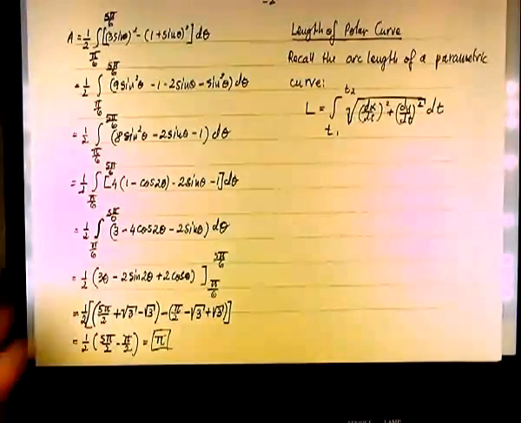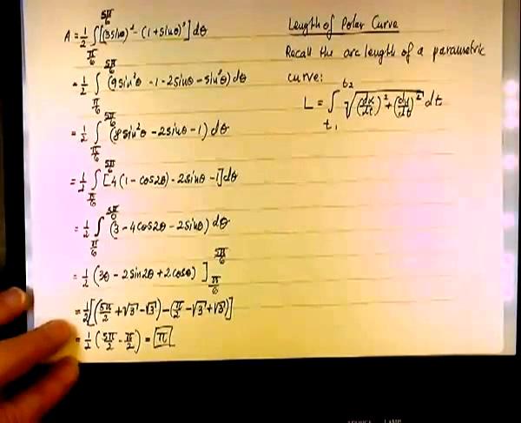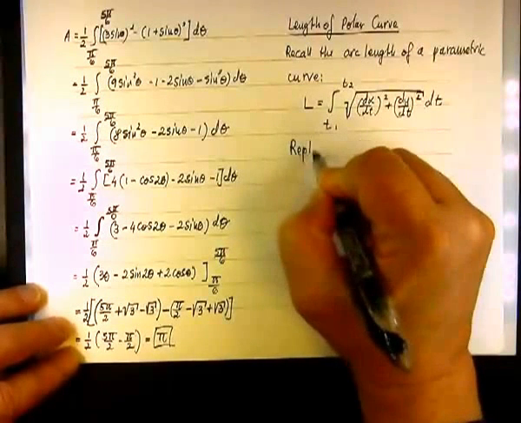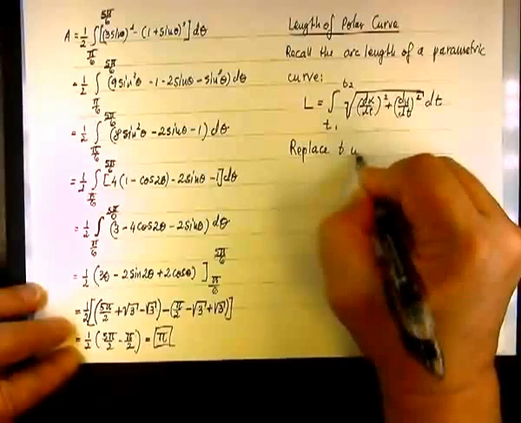So just for the sake of simplicity, for a polar curve we can use a parametric form, and we're going to replace t with theta.